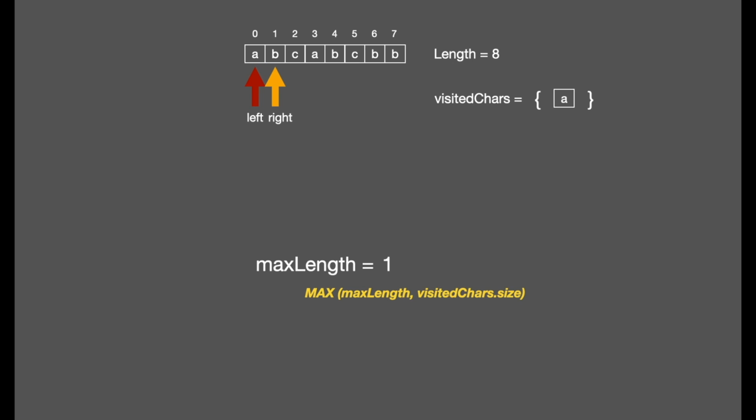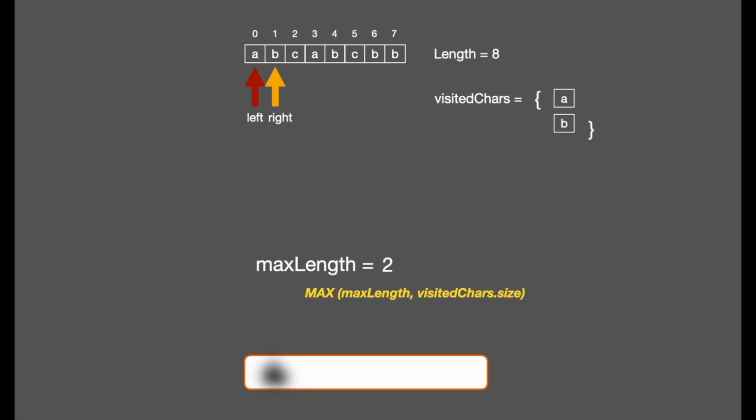And we move the right pointer and then check the new character in the visited characters, which is not there, and add that to the visited characters. Now the current max length is 1 and the visited character size is 2, and we check the max of these 2 and the new max length is 2, and we assign that to the current max length.